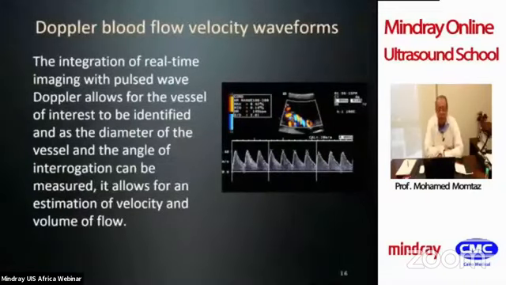We'll discuss now how to measure, for example, the umbilical artery flow Doppler and what the value of this is. Usually, the umbilical arteries end in a low resistance vascular bed, which is the placenta, and this will lead to the presence of a high systolic flow and also a high diastolic flow.